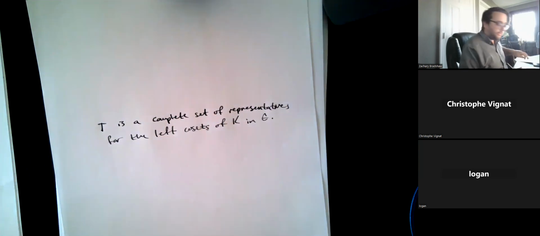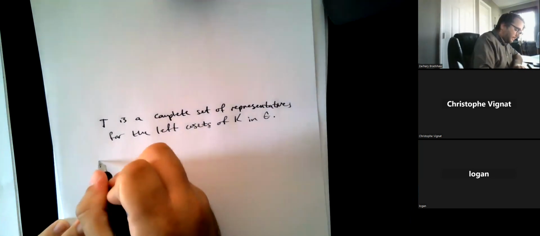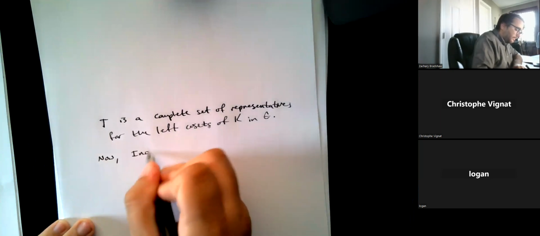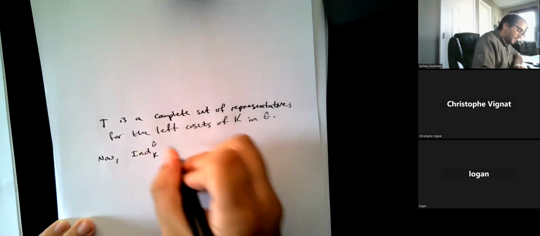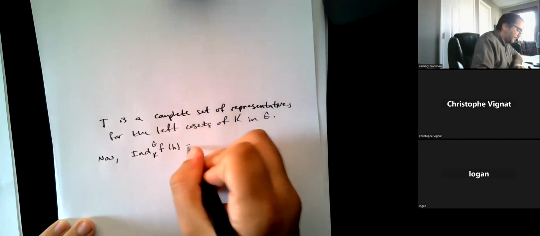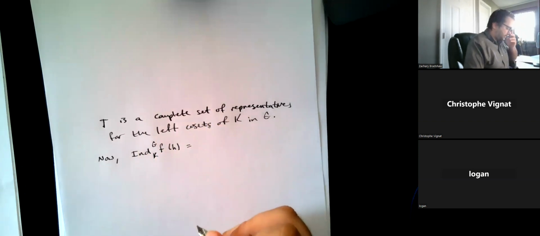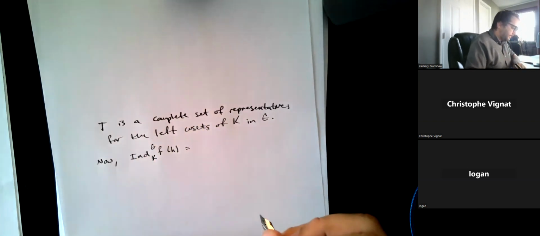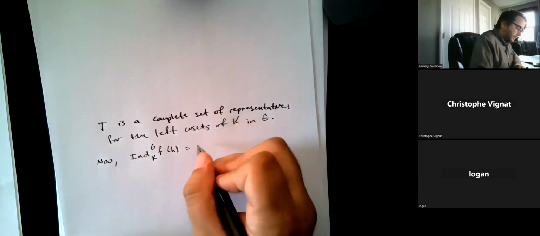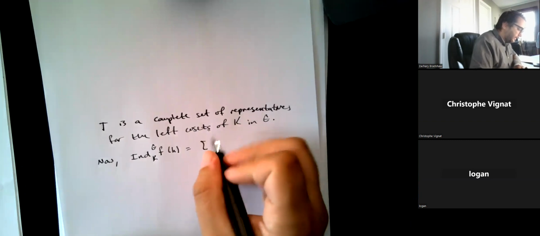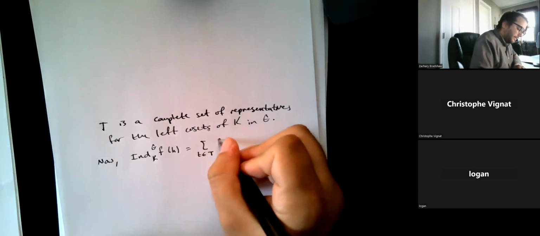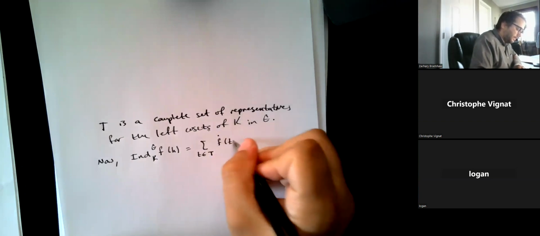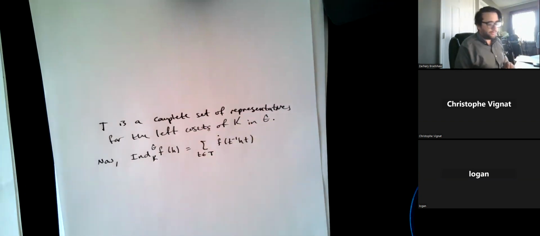Now what we have to do is a little computation. This induced map from K to G, F, applied to H, is equal to the summation over T in capital T of F dot T inverse H T. So this was our proposition we had earlier.